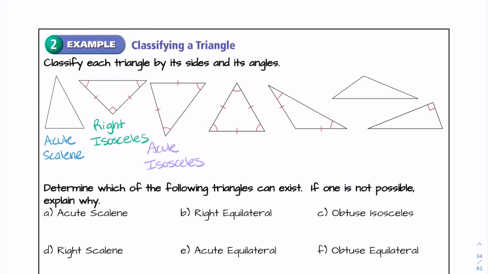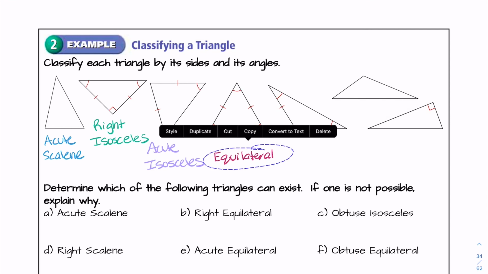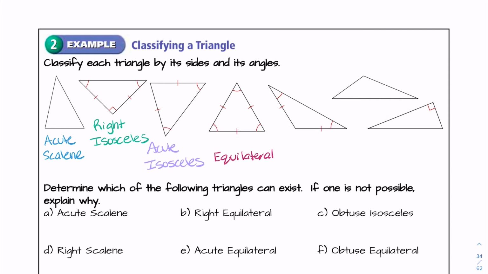Right, the next one appears to be equiangular and equilateral. So we can say an equiangular equilateral. We normally just call it equilateral.